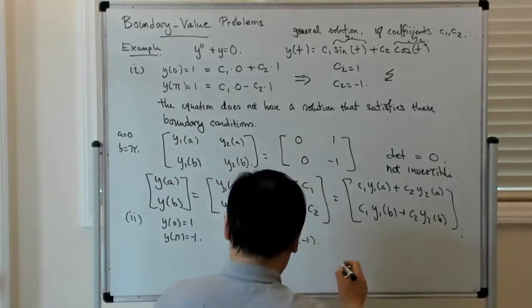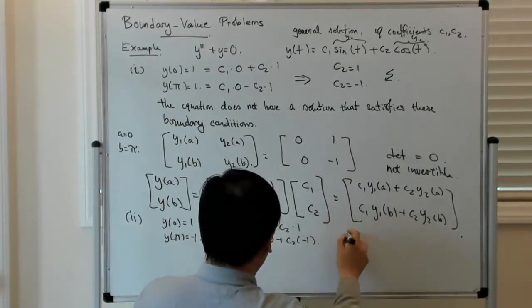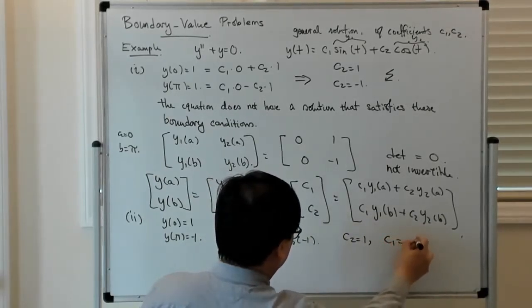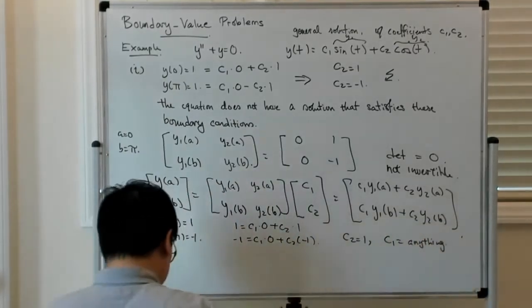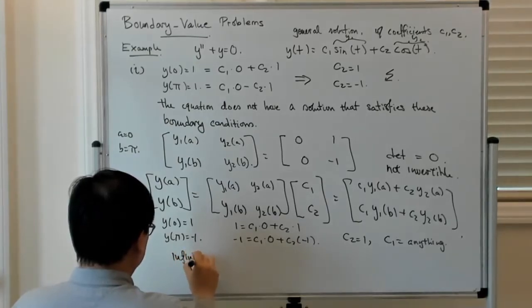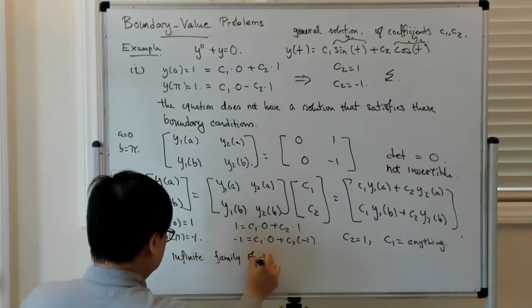So this tells you that c2 is equal to 1, and c1 can be anything. So you have an infinite family of solutions.